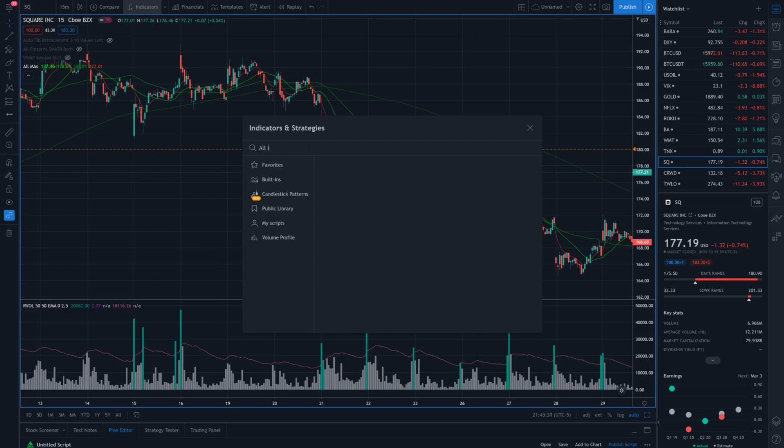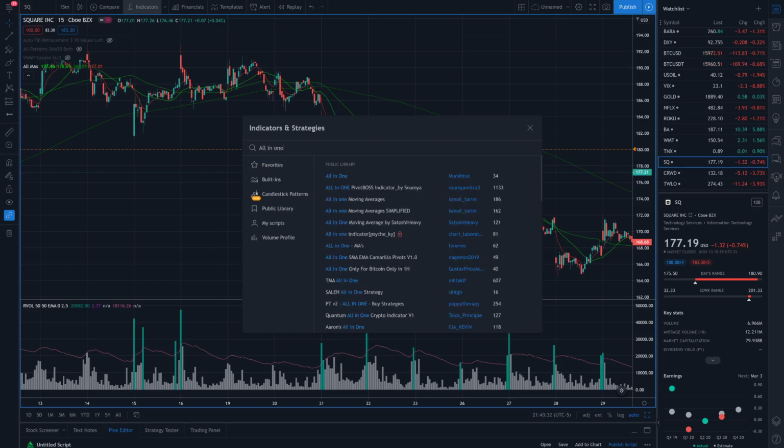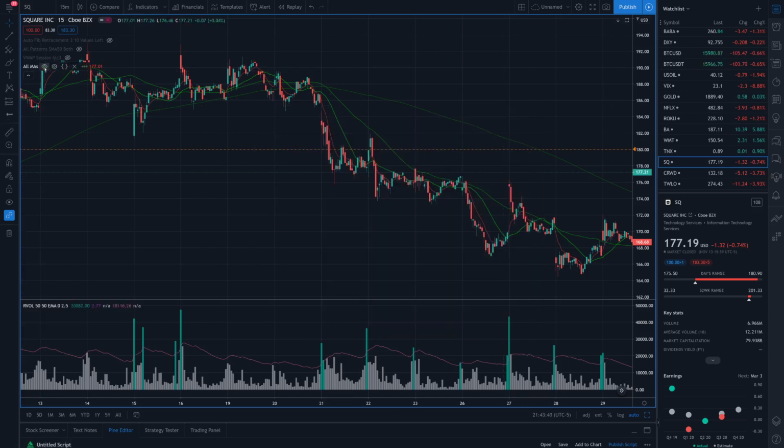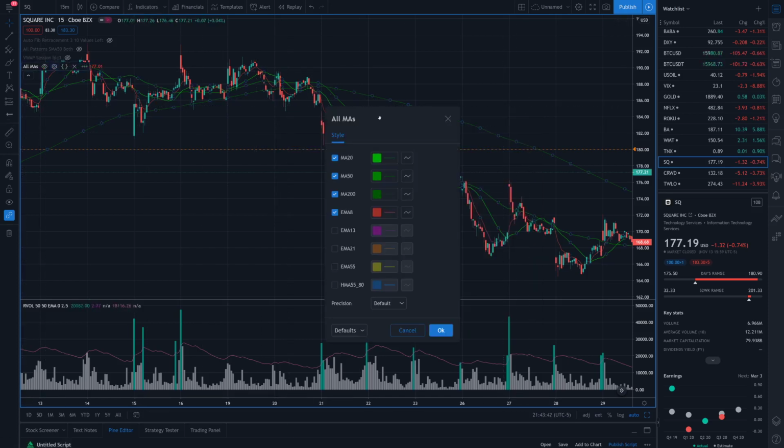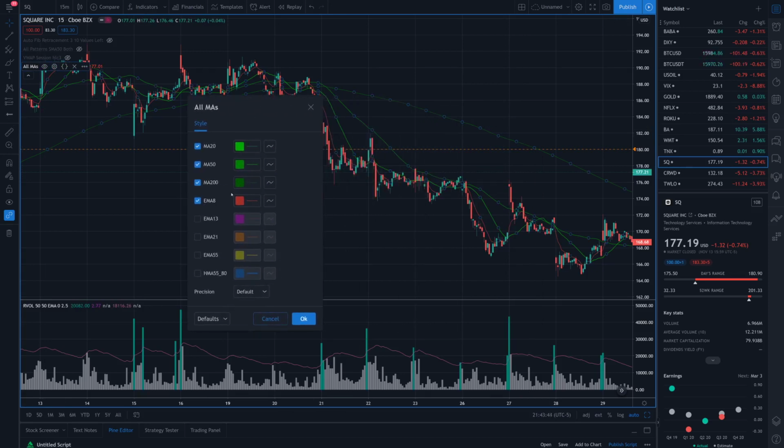If I search all in one, I use the all-in-one moving averages simplified by Ismail Tarim. You can go in here and edit it. What this gives me is the 20 moving average, the 50 moving average, the 200 moving average, and EMA 8, which I sort of double as EMA 9, and then a few others.